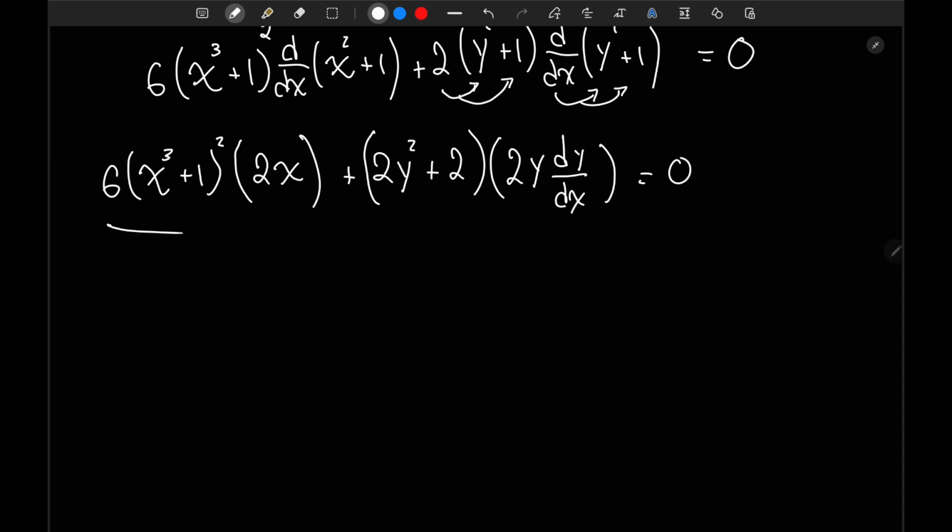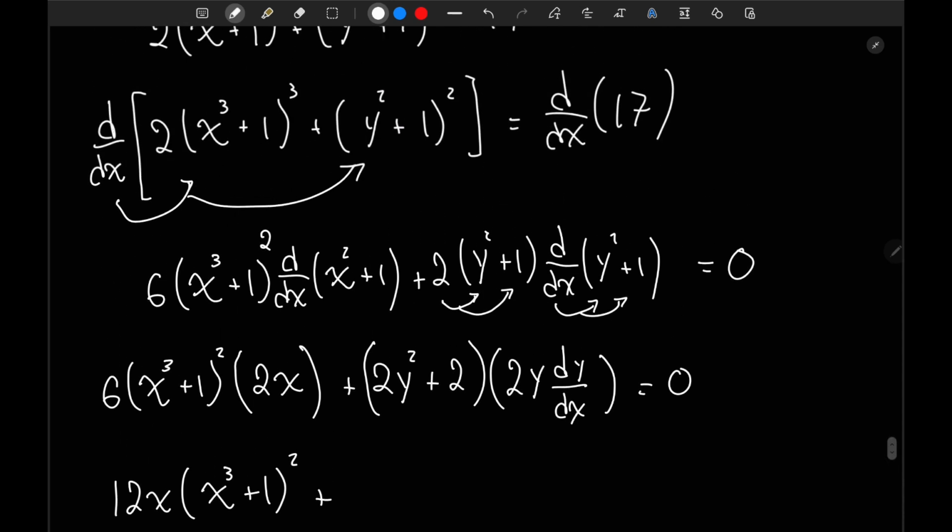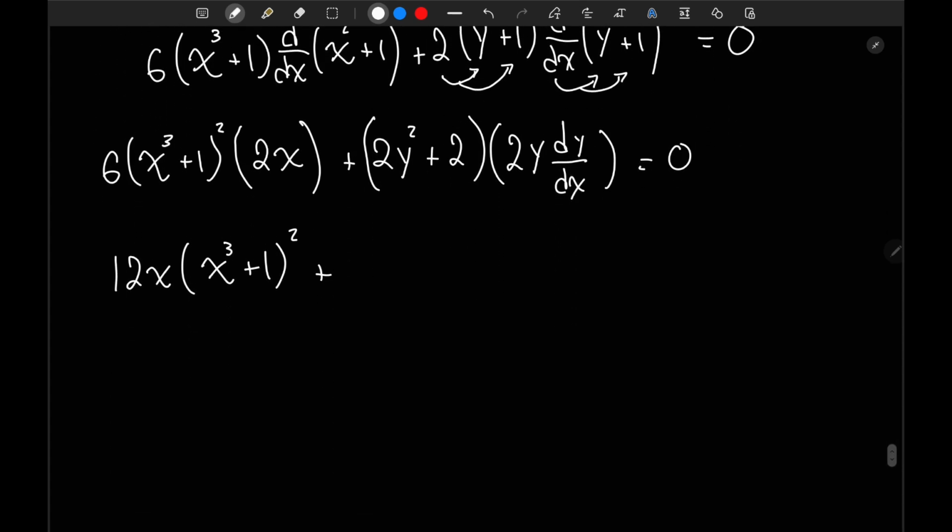Now here, I'm just going to simplify this. If we take the 6 into the 2x, that's going to give us 12x multiplied by (x cubed plus 1) squared. And then here, I'm going to FOIL in the 2y and keep the dy/dx out front.